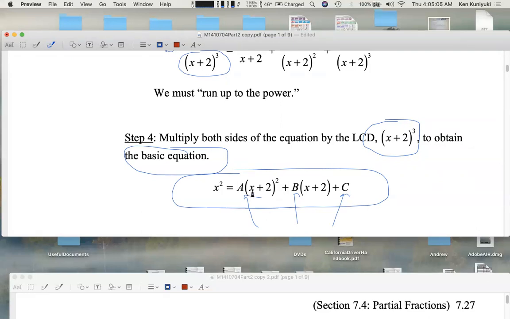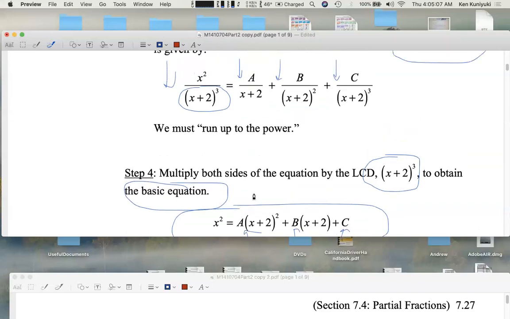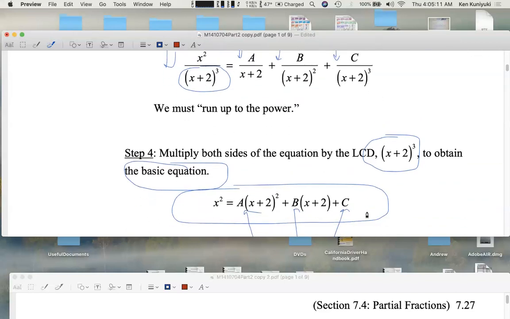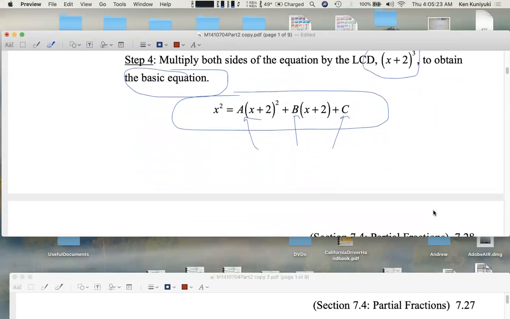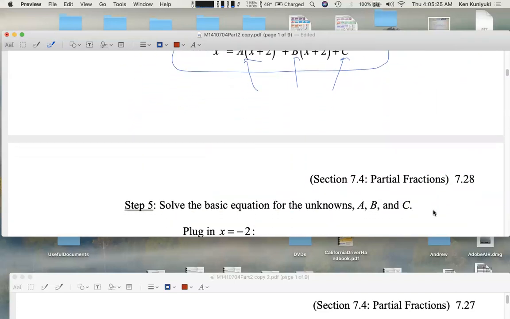I think -2. Ironically, -2 was the one number outside the domains of these guys, but actually that's the number we want to plug in. Remember, the basic equation holds true for all real values of x, including the exclusions from the domains up here. In fact, those exclusions are the guys we want to plug in. So let's plug in x equals -2.